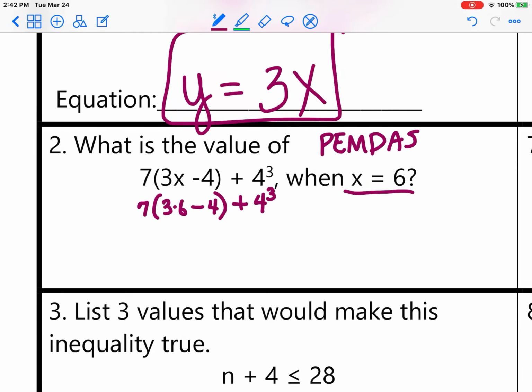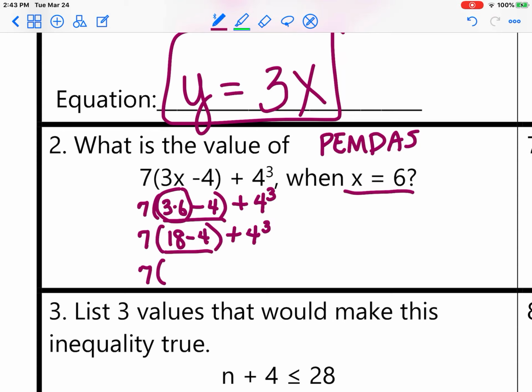PEMDAS tells us we have to do what's in parentheses first. We have 2 operations inside the parentheses. We have multiplication and subtraction. We always do multiplication first. So it's 7 times 3 times 6, which is 18, minus 4, plus 4 to the third power. And then we do what's still inside the parentheses, which is 18 minus 4.